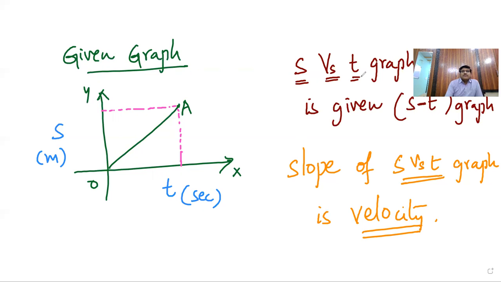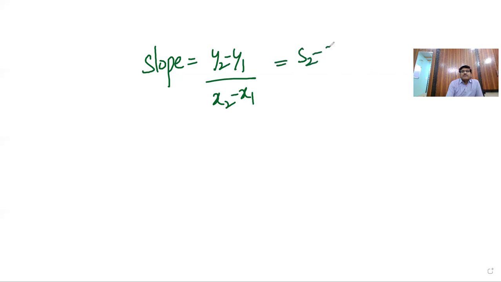In the previous session, we have seen that slope of the ST graph is equal to y2 minus y1 by x2 minus x1. That means in this case, S2 minus S1 by T2 minus T1. This is nothing but the slope of the graph. Slope of graph is y2 minus y1 by x2 minus x1.